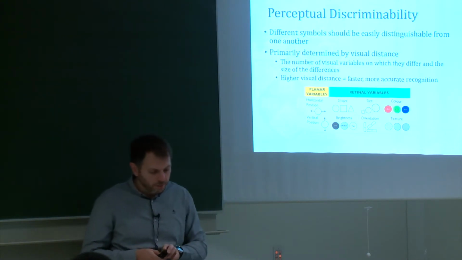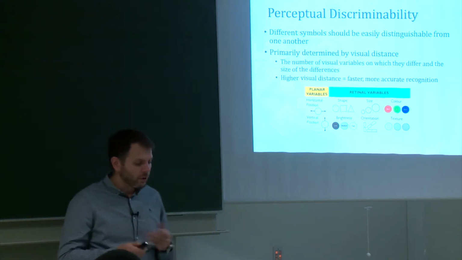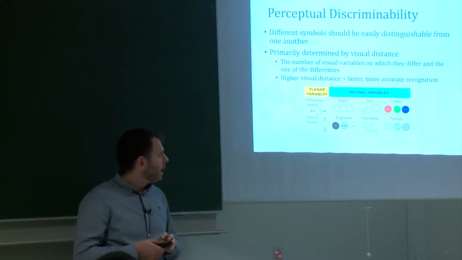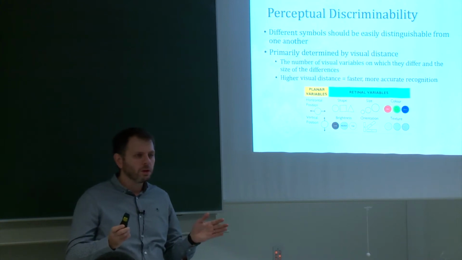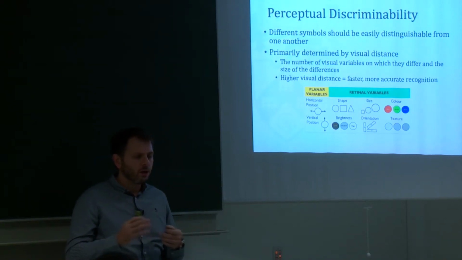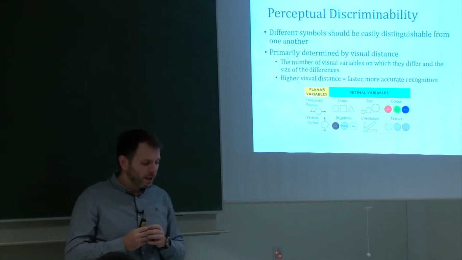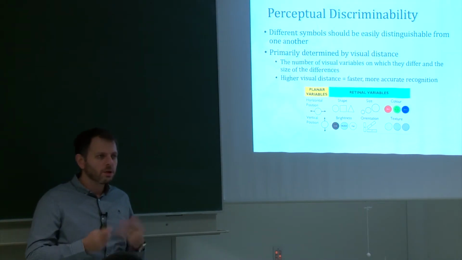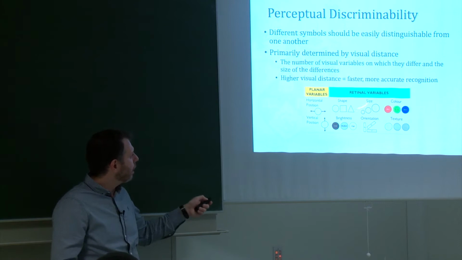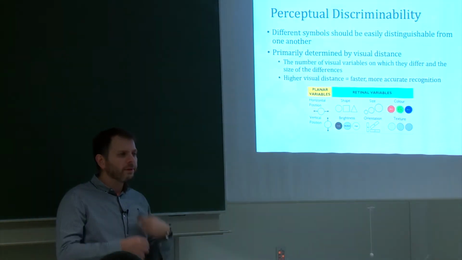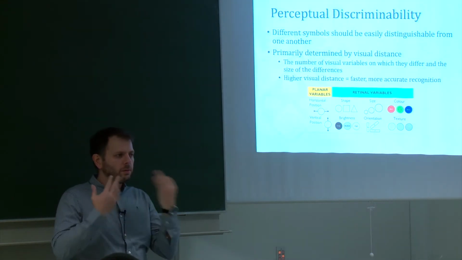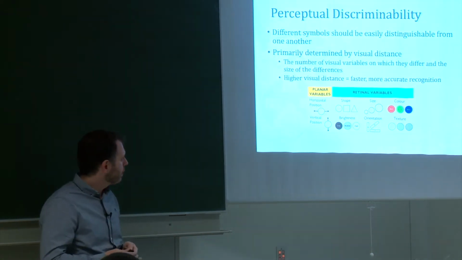Now, the second principle is to maximize perceptual discriminability. This means that we could have different symbols for our actions and our decisions. They could differ in shape, but shape is only one of the retinal variables. If they varied both in terms of shape and color, that would be even better, because they would be even easier to distinguish.